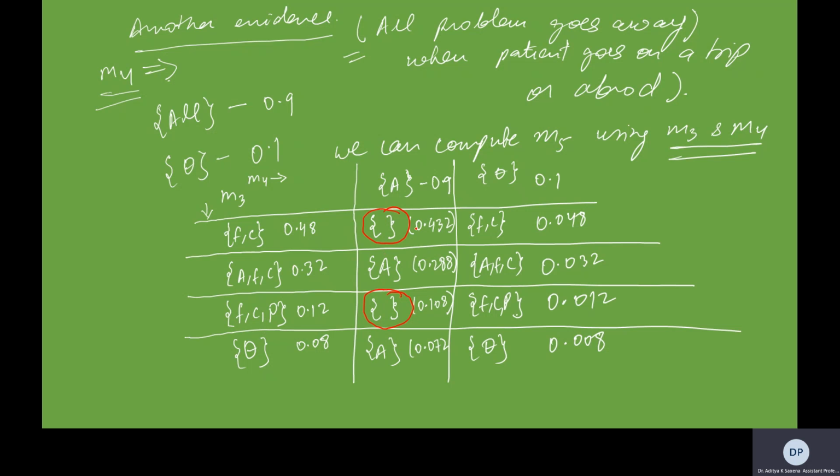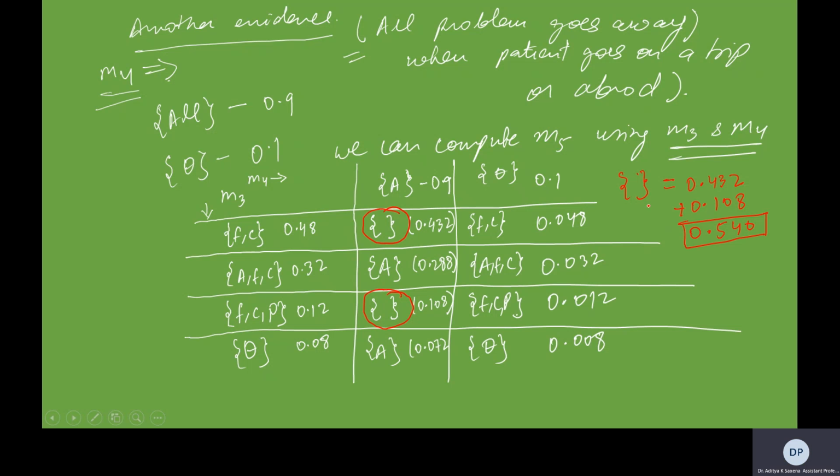So the sum of the empty subset total, I will have the total belief in M5 for the empty subset as 0.432 plus 0.108. So what are you getting? 8 plus 2, 10, 0, 1 carry, 4, 5. So 0.54.